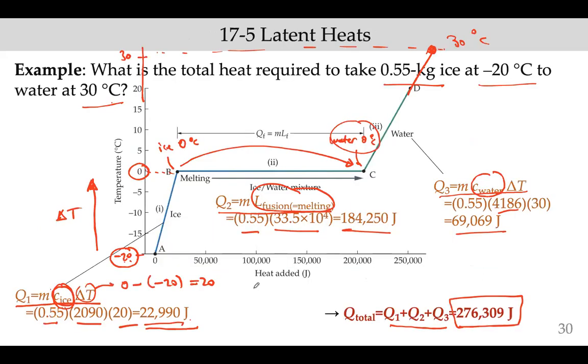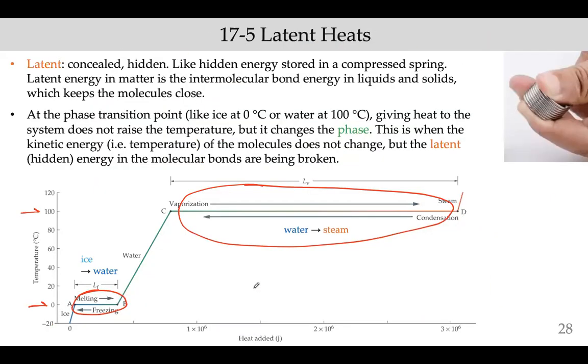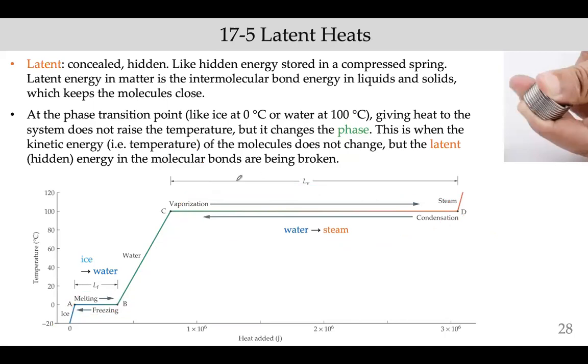Let's go back to this plot. So you have water at 0 degrees. What happens if you decrease energy? This is the energy added, so I have to go in the left direction. If you decrease energy, then you turn water at 0 degrees into... in fact, actually it's here.